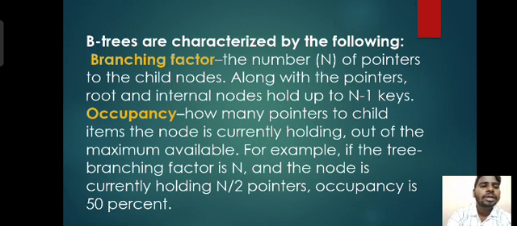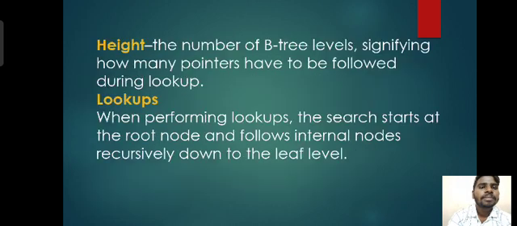Occupancy, how many pointers to child items the node is currently holding out of the maximum available. For example, if the tree branching factor is n and the node is currently holding n by 2 pointers, occupancy is 50%. Height, the number of B-tree levels, signifying how many pointers have to be followed during lookups.